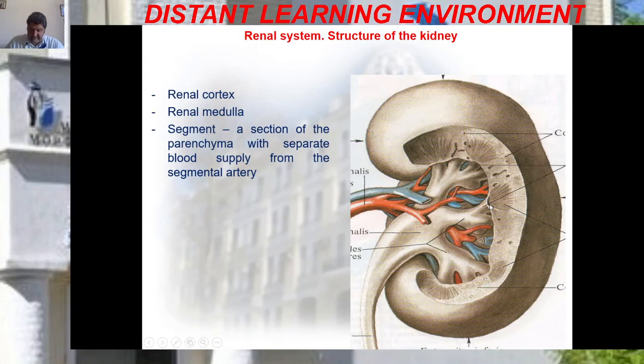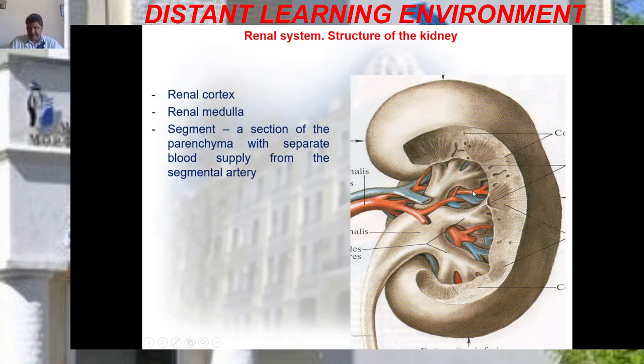The cortex penetrates between the pyramids and separates one from another. These parts of the cortex are known as renal columns, columna renalis, and you may see these columns here between pyramids. The pyramids appear striated because the urinary tubules and the vessels are arranged in them in a straight direction.